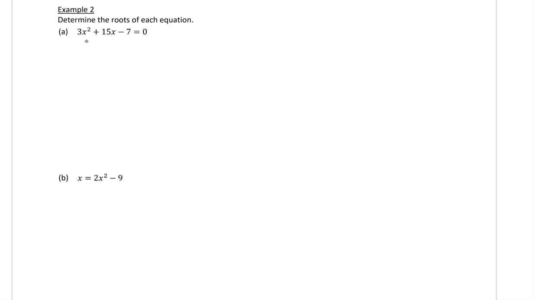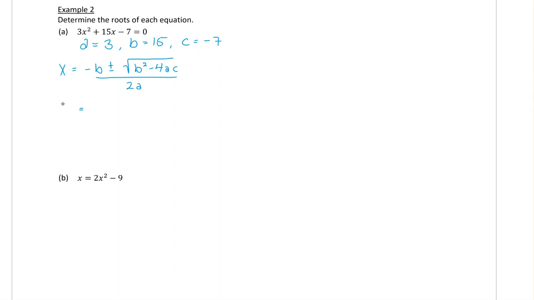Again, I'd recommend that you start these problems by identifying what is a, that is 3, what is b, that is 15, and what is c, which is negative 7. Without looking up on your page or scrolling up, what is the quadratic formula? Negative b plus or minus the square root of b squared minus 4ac, divided by 2a.